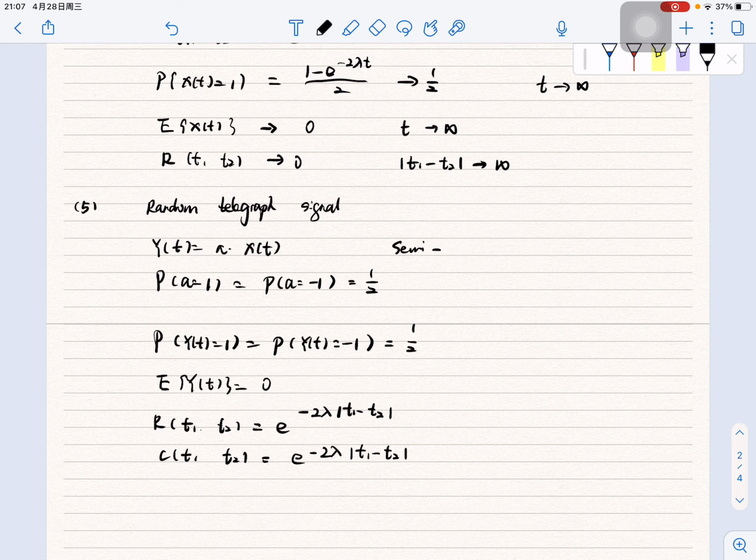In terms of probability mass, we guess Y(t) is strict sense stationary, and the expectation of Y(t) being a constant also makes us guess it is strict sense stationary.